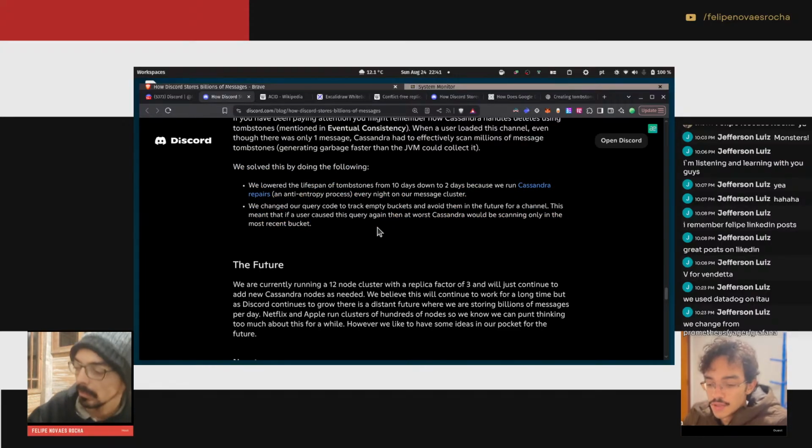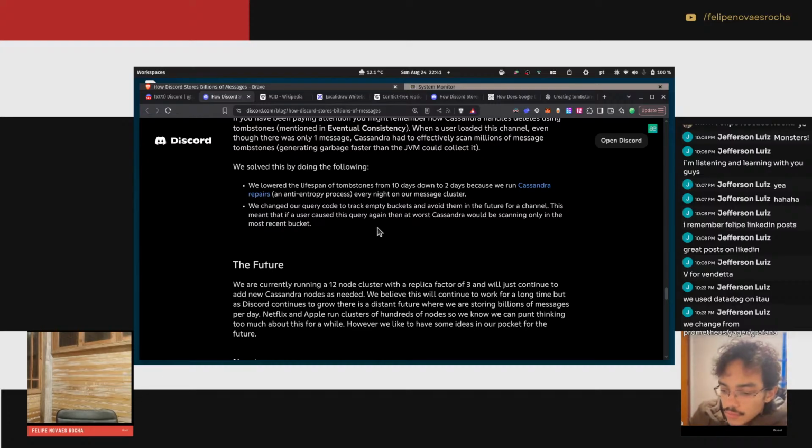So solve this by doing the following. We lowered the lifespan of tombstones from 10 days down to 2 days because we run Cassandra repairs as an anti-entropy process every night on our message cluster.